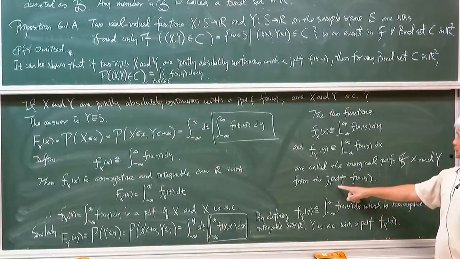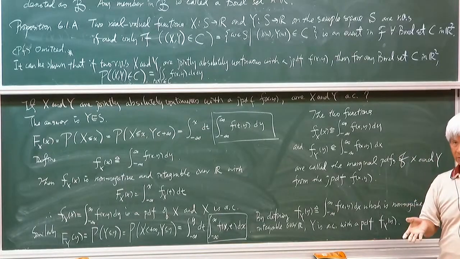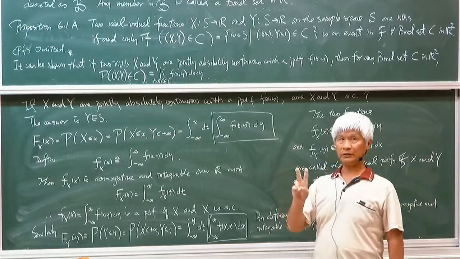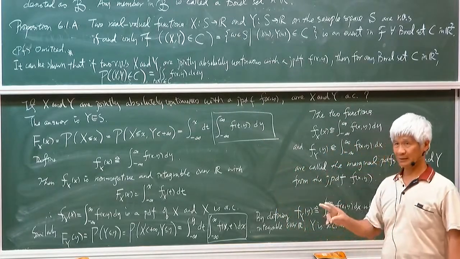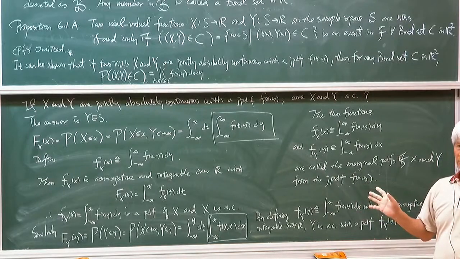With different joint PDFs, you may have different marginal PDFs. And we know that if two random variables are jointly absolutely continuous, there are infinitely many joint PDFs.